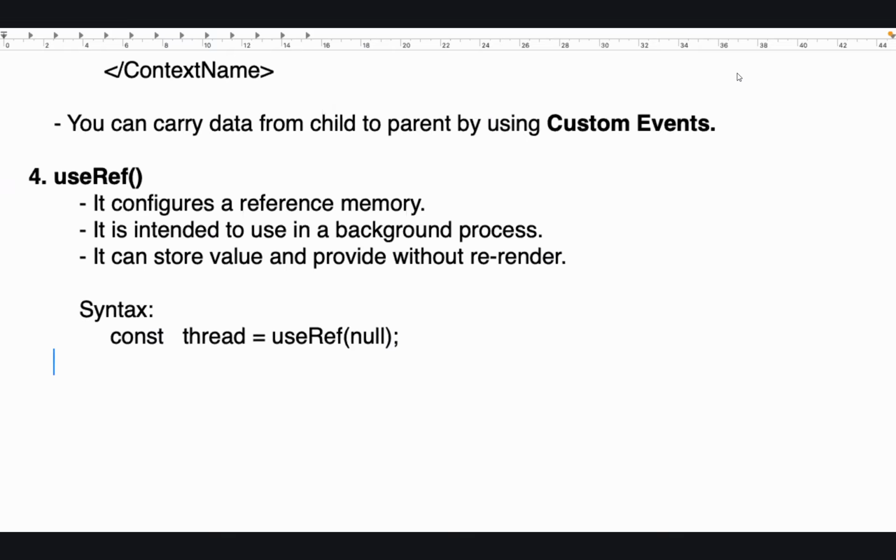Actually you can't use constant, so better always use which one? let. Why? Because we need to assign thread.current equal to some value. If it is a constant, it will not allow assignments.